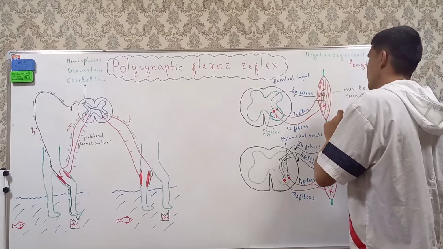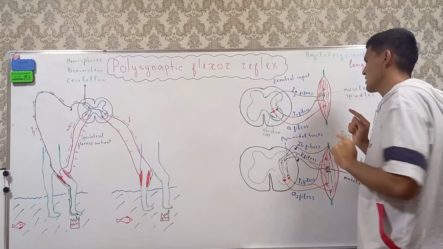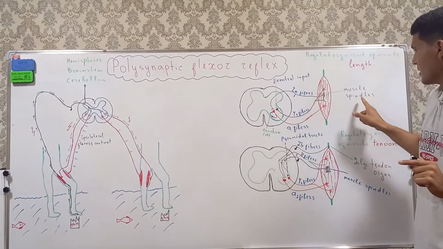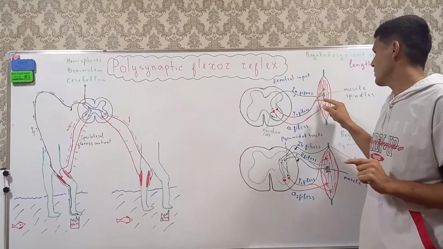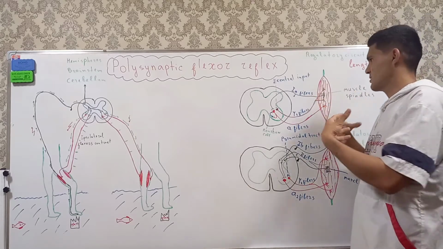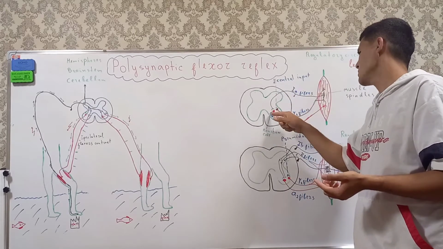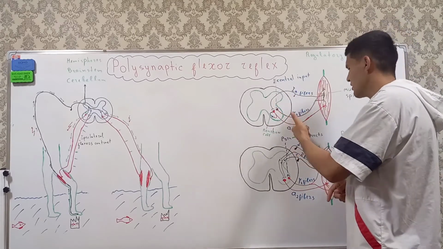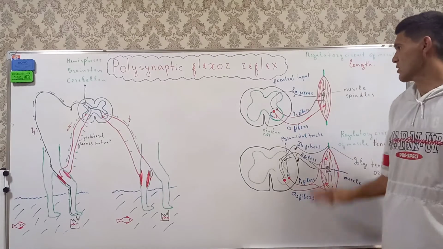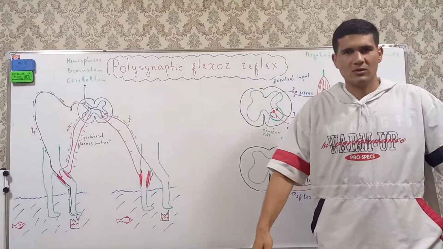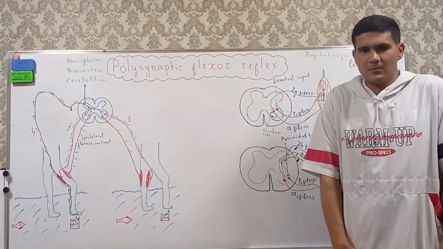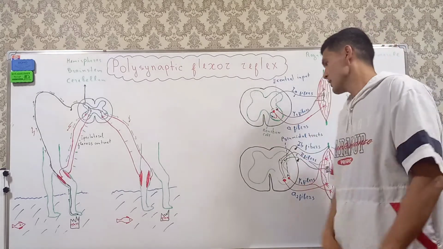Contraction of these filaments causes the activation of the muscle spindles. Muscle spindles provide information about the stimulus, and 1A fibers carry information and connect with the alpha motor neurons. Alpha motor neurons cause the contraction of this muscle, and we can hold our posture in the same position, like that and like that.